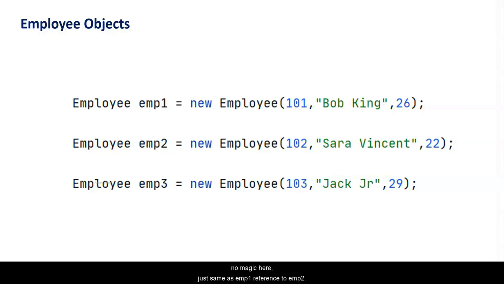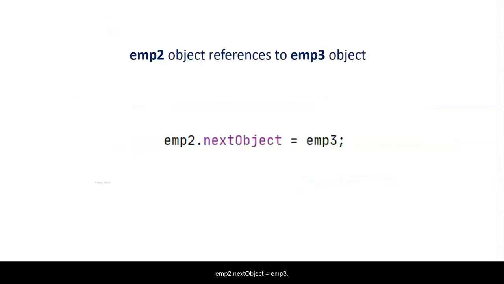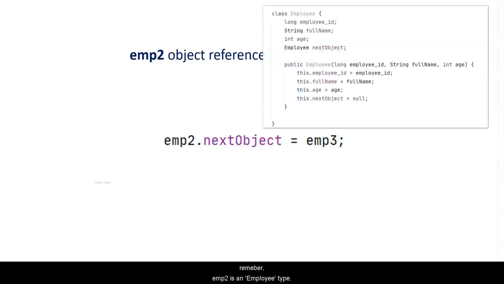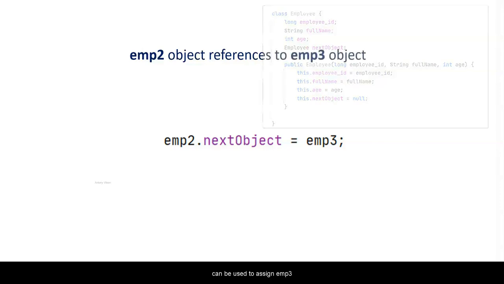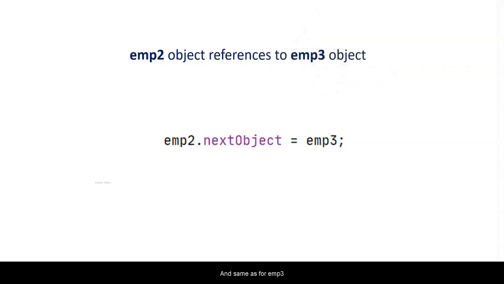No magic here, just the same as emp1 referencing emp2. emp2.nextObject equal to emp3. Remember, emp2 is an Employee type, and Employee type has the nextObject variable. Hence, the nextObject of emp2 can be used to assign emp3. And the same for emp3, the nextObject can be used to reference emp4 and so on.